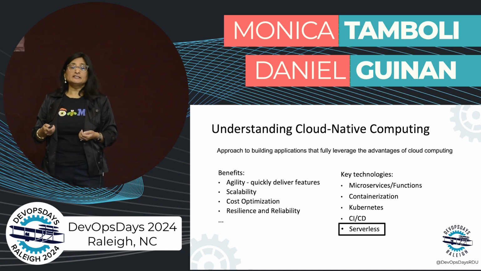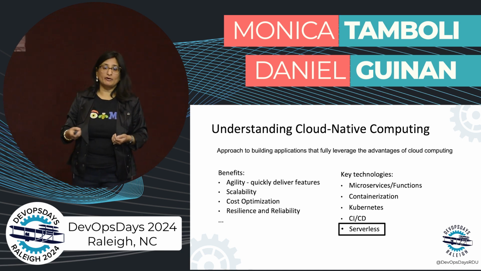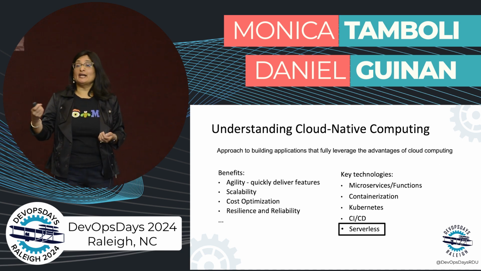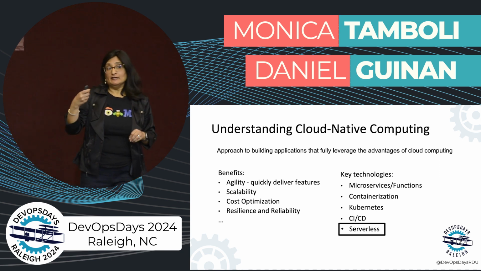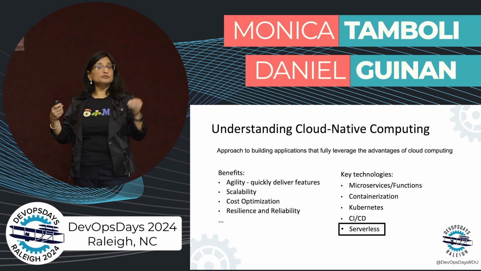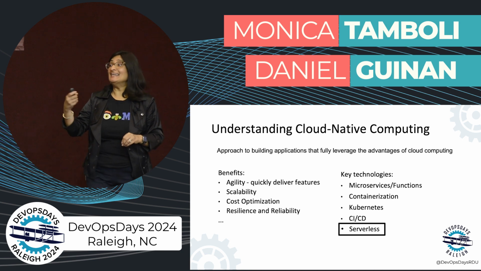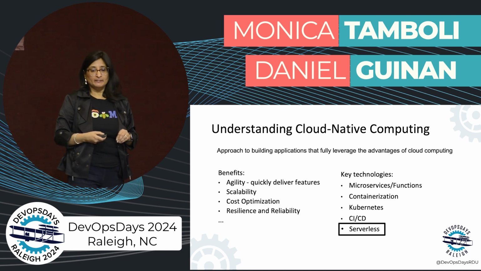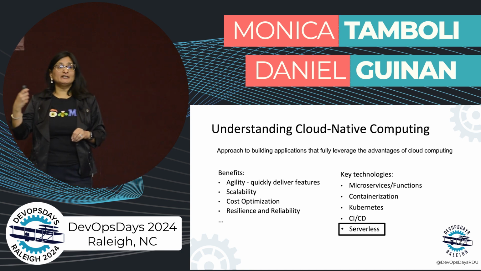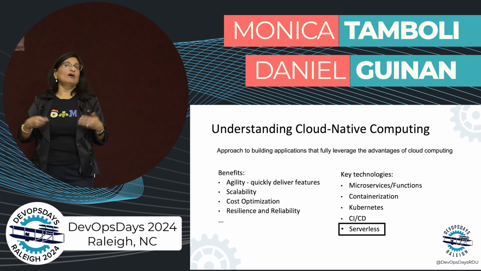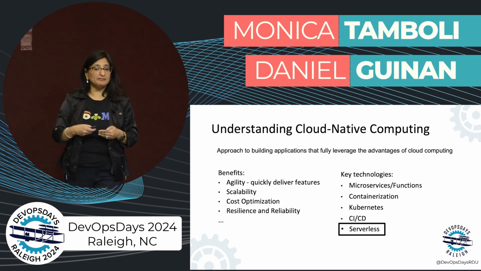And some of the key technologies in cloud are microservices and functions, where you decompose your application into really small, loosely coupled services which can be deployed and scaled independently. Also containerization, it reminds me of the shipping containers where you bundle all your dependencies with your application.